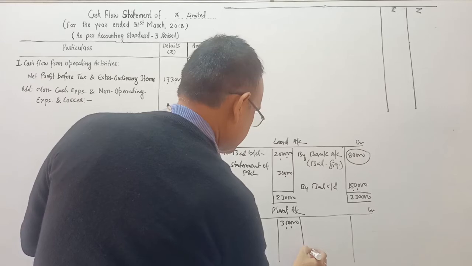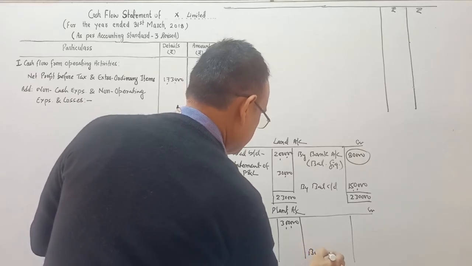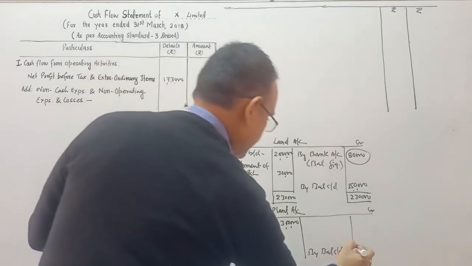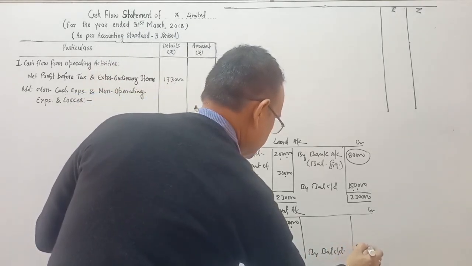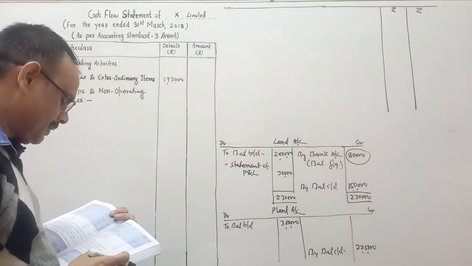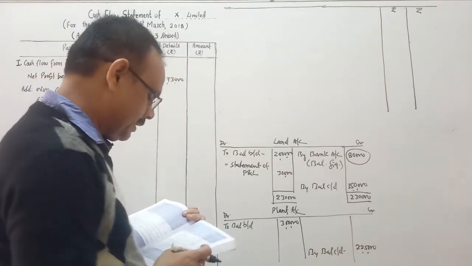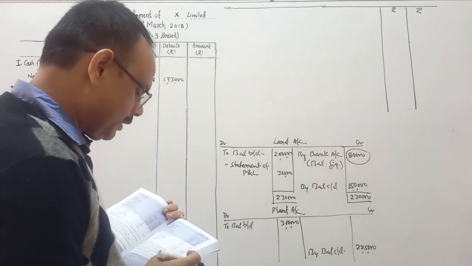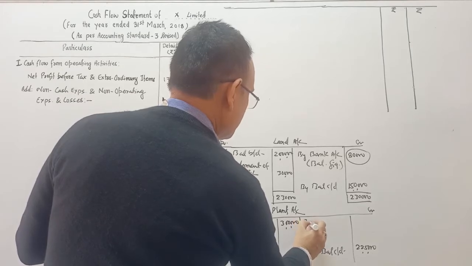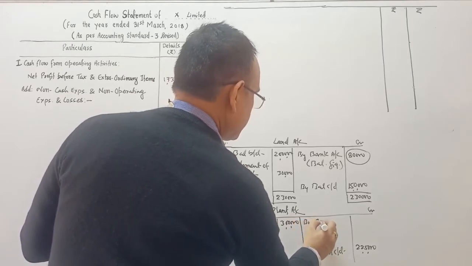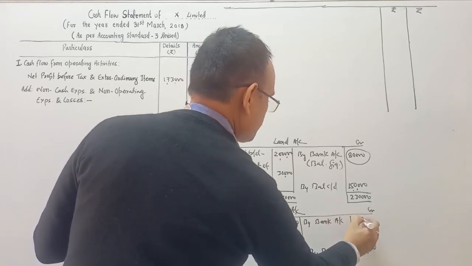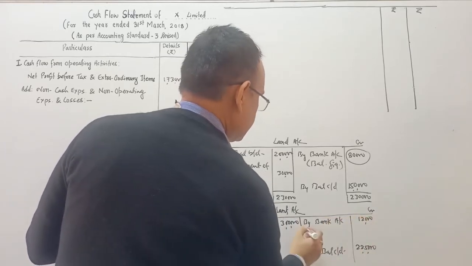And the closing balance of plant is 2,25,000. Now see in the additional information, plant of book value 20,000 was sold at a loss of 8,000. So it means plant is sold by bank account at rupees 12,000, and there is a loss.